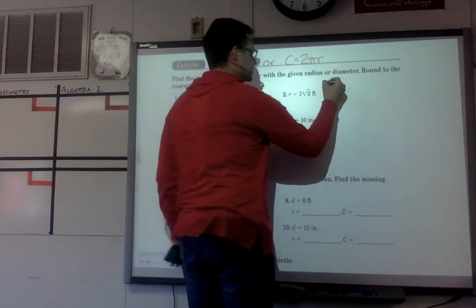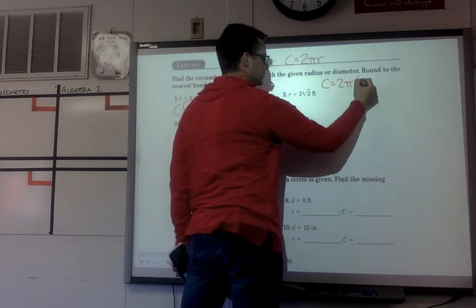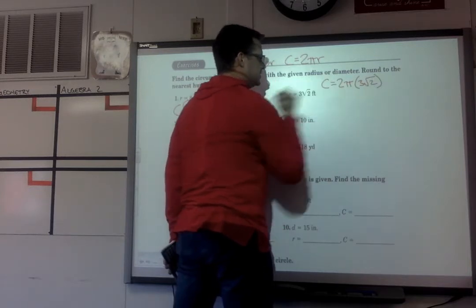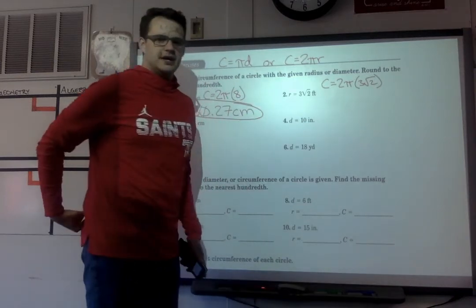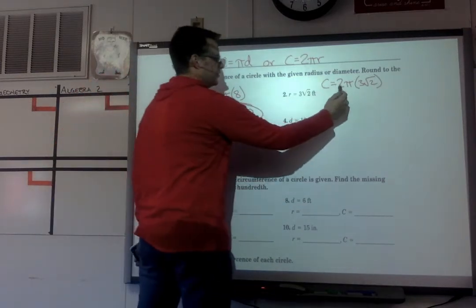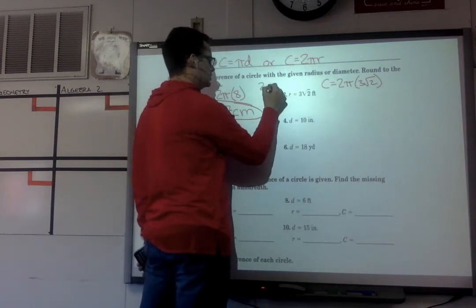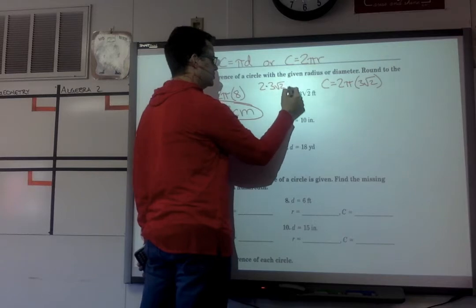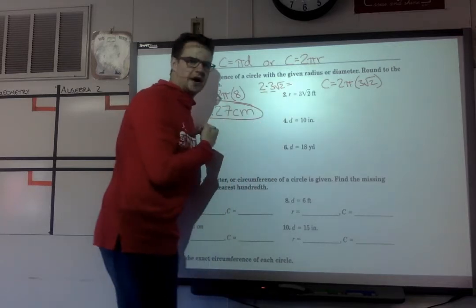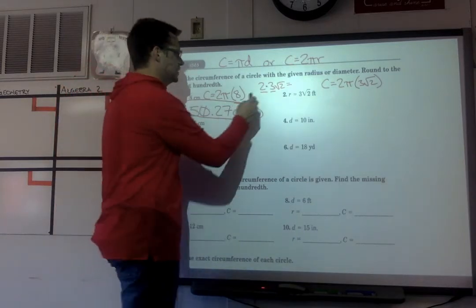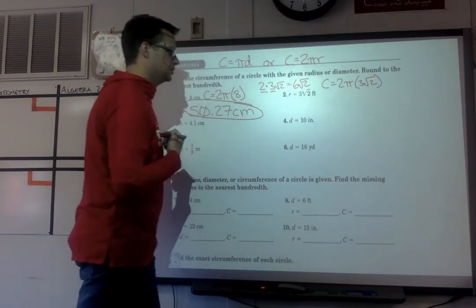We would say for this one that the circumference is equal to 2 times pi times 3 times the square root of 2. Now I'm going to change the order that I do my multiplication here. If I do 2 times 3 root 2, if you remember, you multiply anything outside the radical, so this would become 6 times the square root of 2.